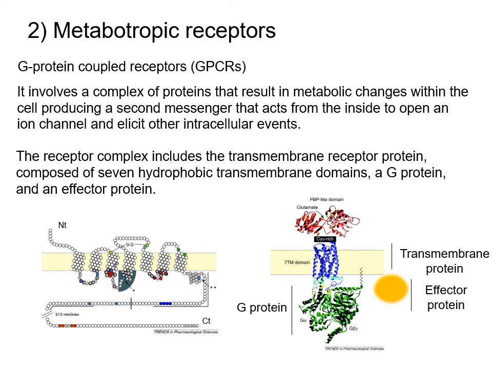And this G protein has 3 different subunits, alpha, beta, and gamma, with different and specific functions that we will see in the next slide. And then these G protein coupled receptors have an effector protein that will be either activated or inactivated depending on the composition of these G subunits.